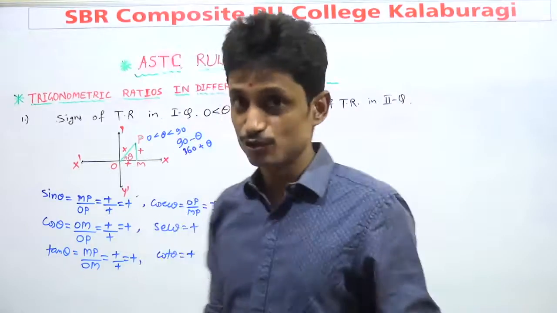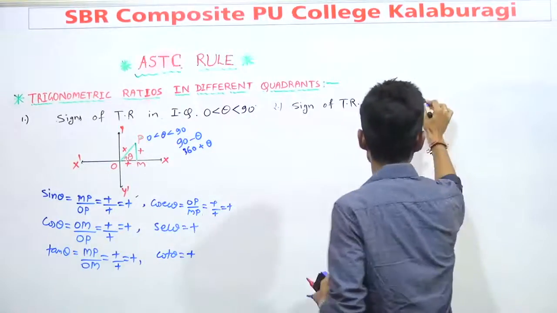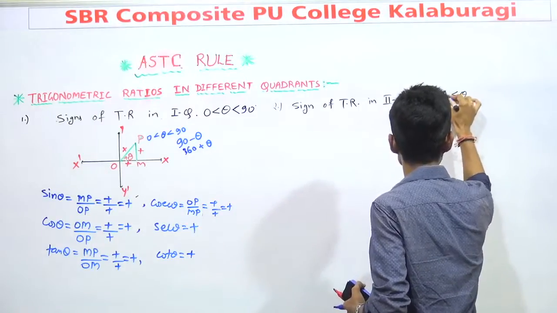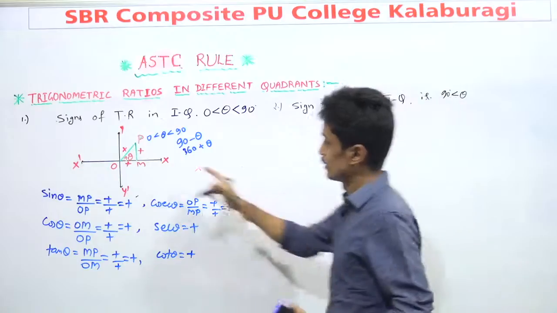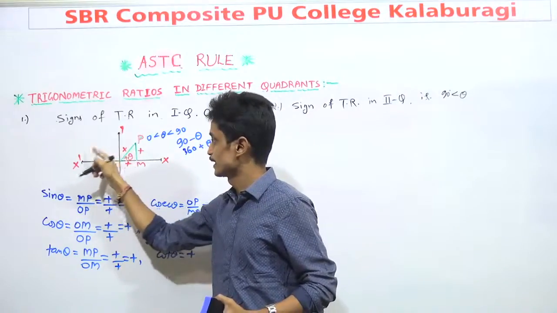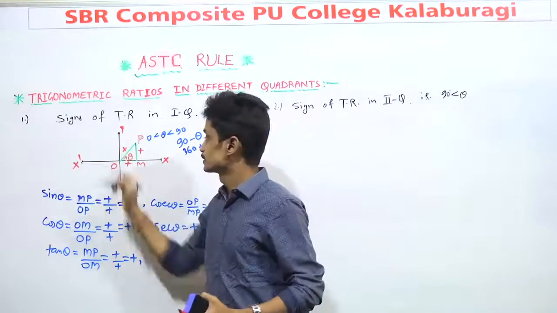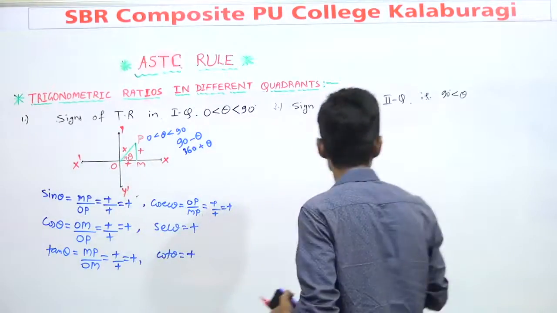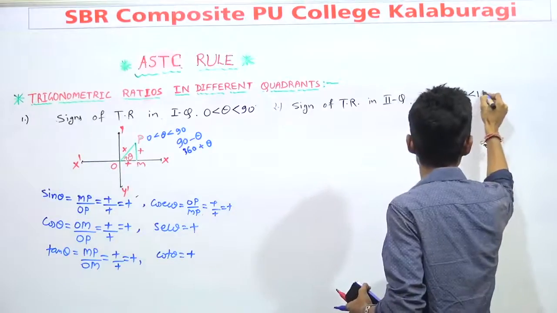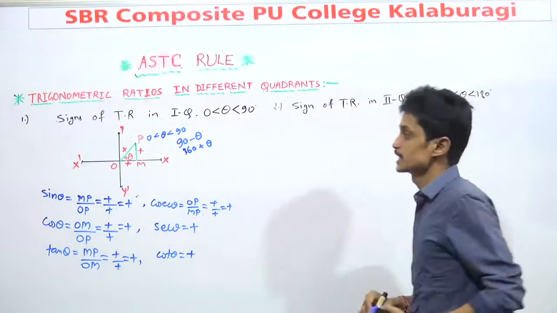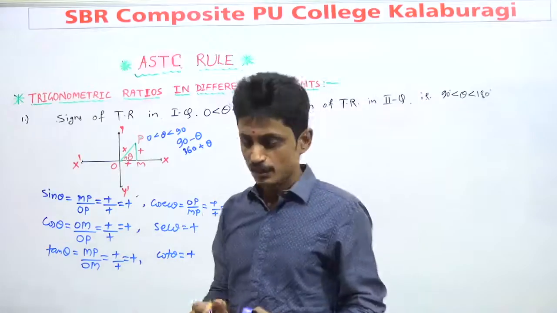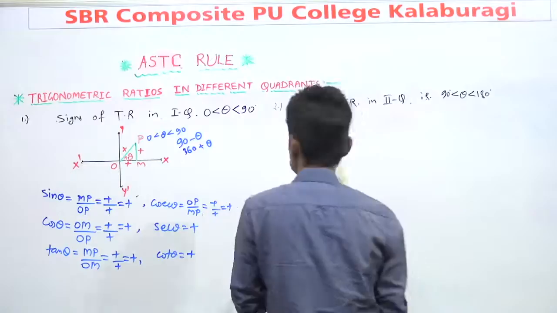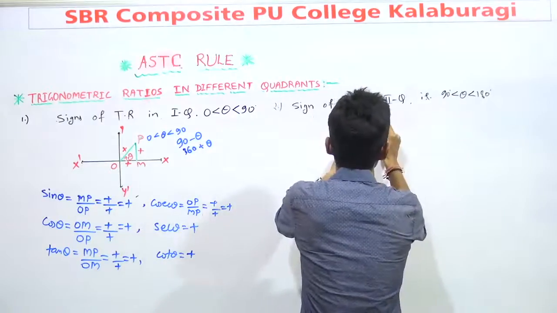In the last class also I suggested that the second quadrant means all the angles are greater than 90 degree, after the right angle, after 90 degree, but before the straight angle, it means before 180 degree, less than 180 degree.